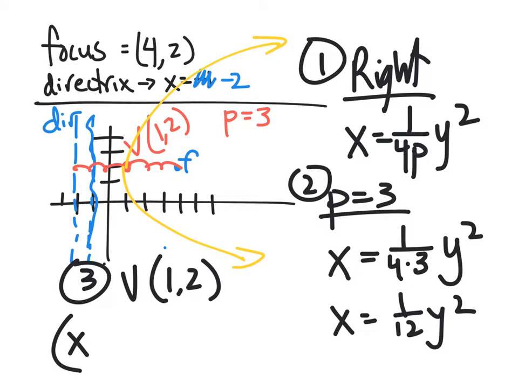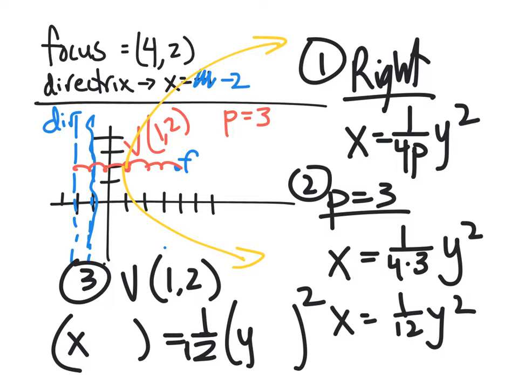It's going to look like this: x equals 1/12, that's a 1/12 right there, and a y in parentheses, squared. So this is where we're going to deal with how the x-coordinate of the vertex has changed, and here is how we're going to deal with how the y-coordinate has changed.